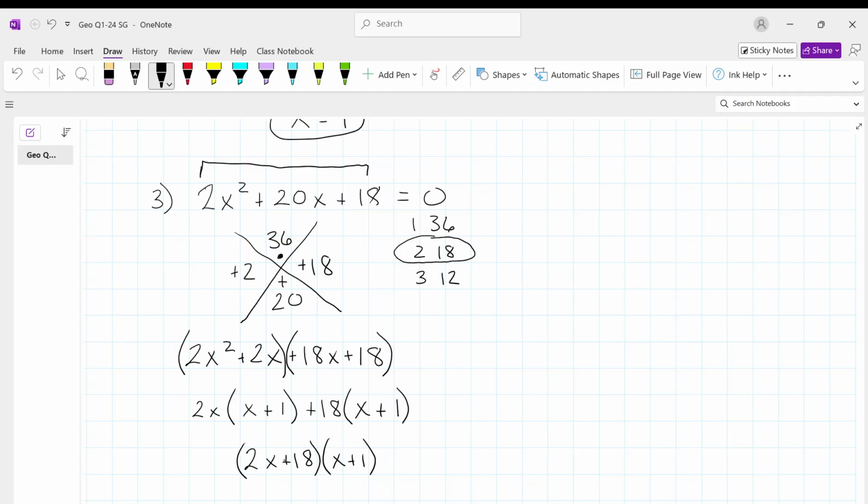So then you set each of those factors equal to 0. Solve for each factor. So subtract 18 here. Divide by 2.